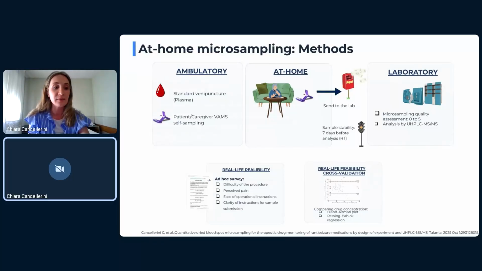Regarding the feasibility, I want to show you the survey where we asked about the pain they could perceive, how easy the method was for them, and how good the shipment to the lab via regular mail was.